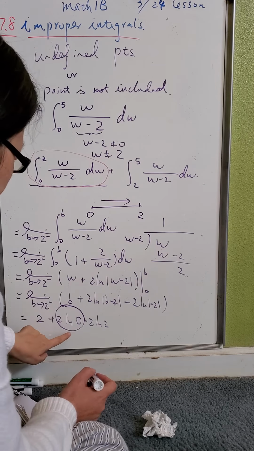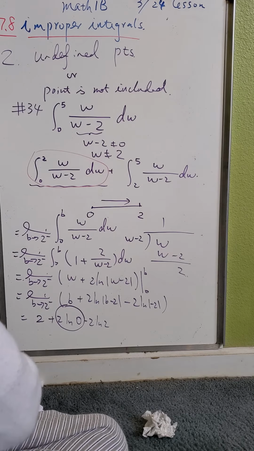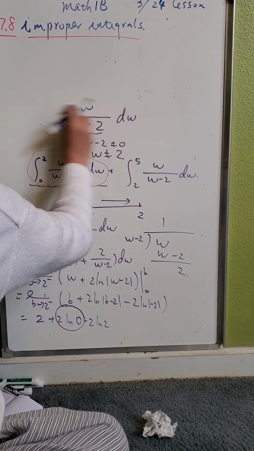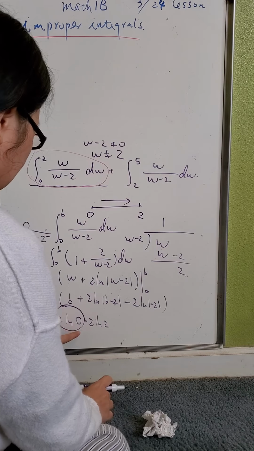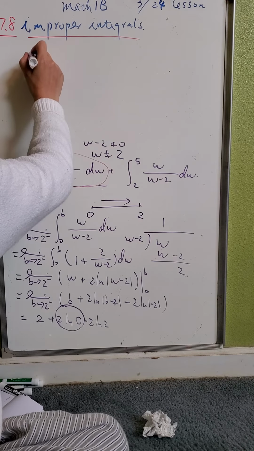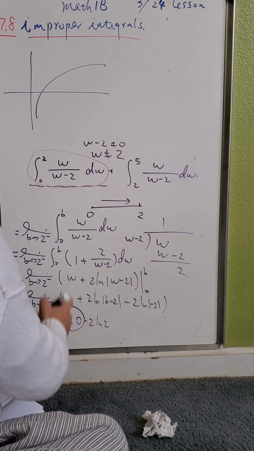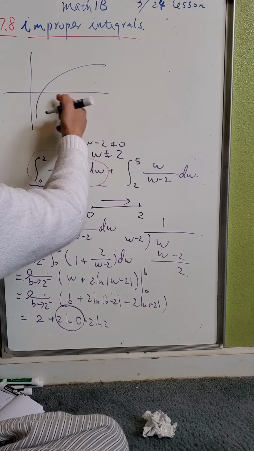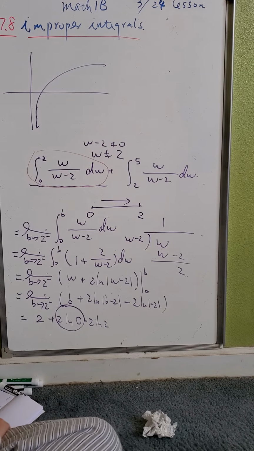Well, I need some room here, so I'm going to erase this part. Here's the ln graph. For ln 0, you can see that when you're approaching 0, you're actually going to negative infinity, is that right?